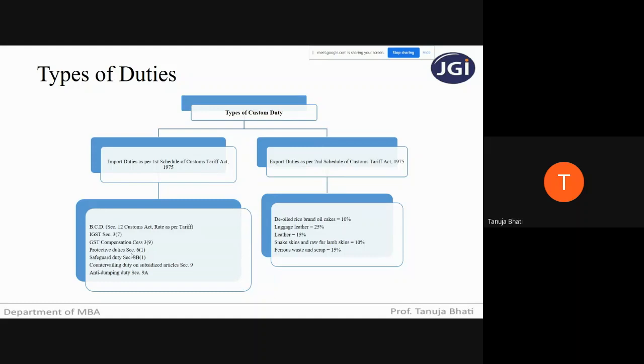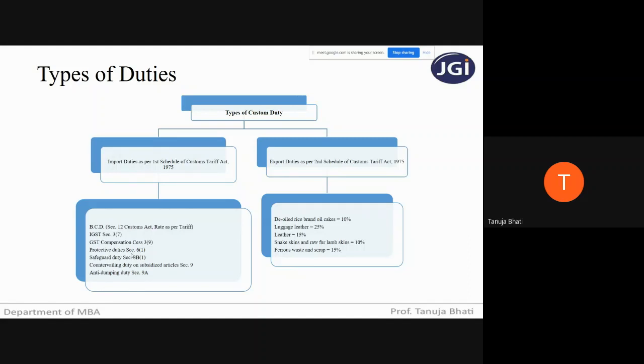Next is countervailing duty on subsidized articles. This countervailing duty on subsidized articles is imposed only when certain conditions are fulfilled, students. First condition is that such articles should be imported into India. That is the basic condition.